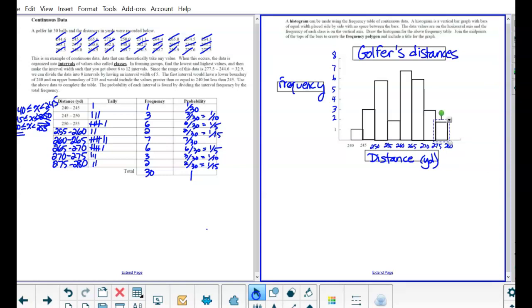All right, good enough. Okay, then for the frequency polygon, take the middle of the top of each bar and plot a point. And then join those up with a straight line.